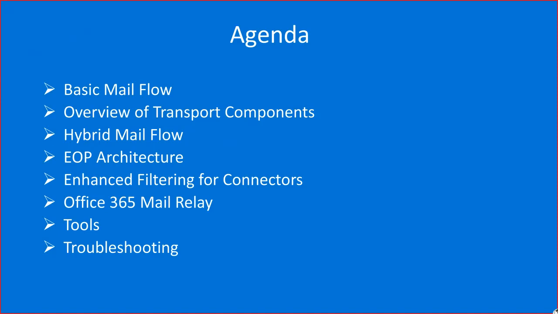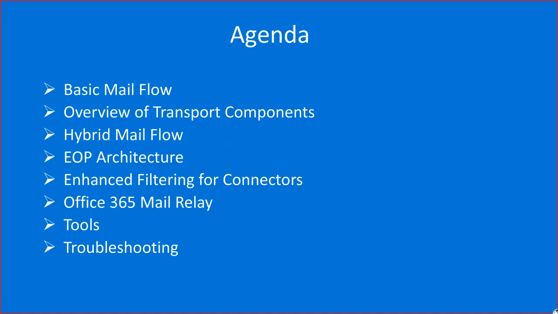We then have a short discussion on enhanced filtering for connectors, which is a fairly new feature that was added based on the difficulties we were seeing in certain complex mail scenarios where customers are using third-party services before the message is delivered to Exchange Online. So we'll discuss that in detail in the upcoming slide.